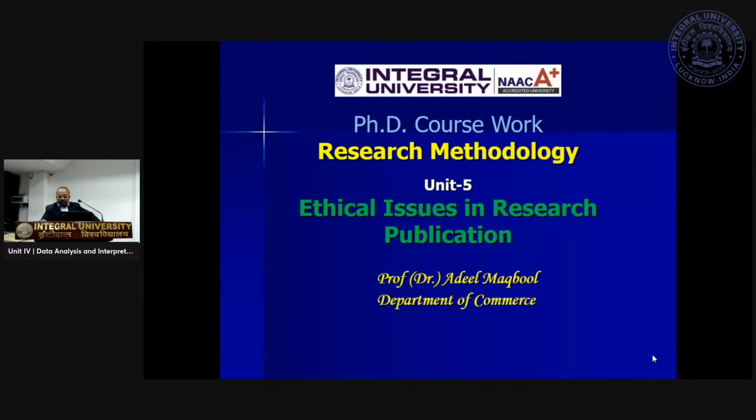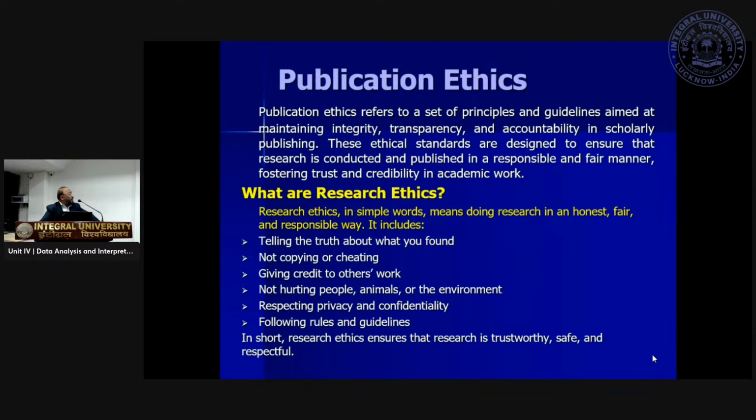Now we'll talk about publication ethics. If these ethics are applicable in publication, it is said to be publication ethics. Publication ethics refers to the set of principles, which you use in your daily life, and guidelines aimed at maintaining integrity, transparency, and accountability in scholarly publishing.